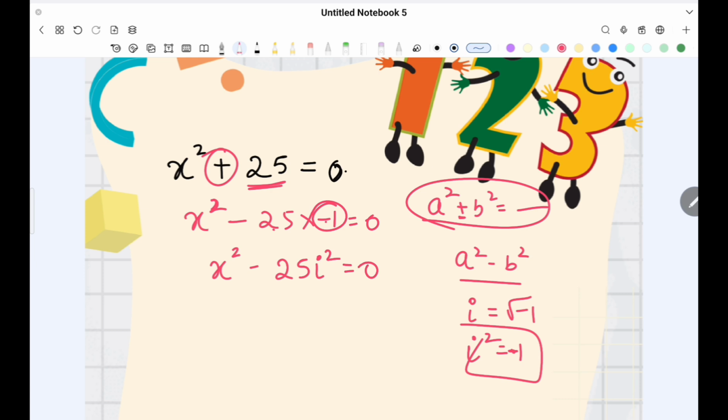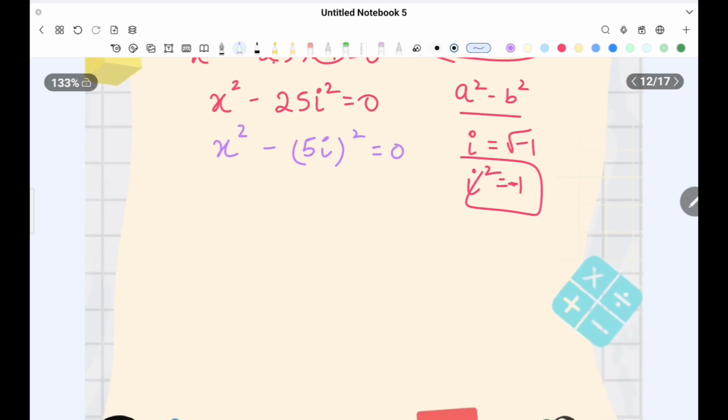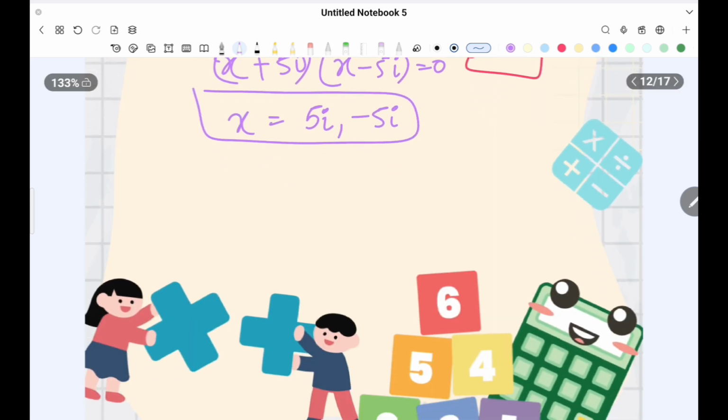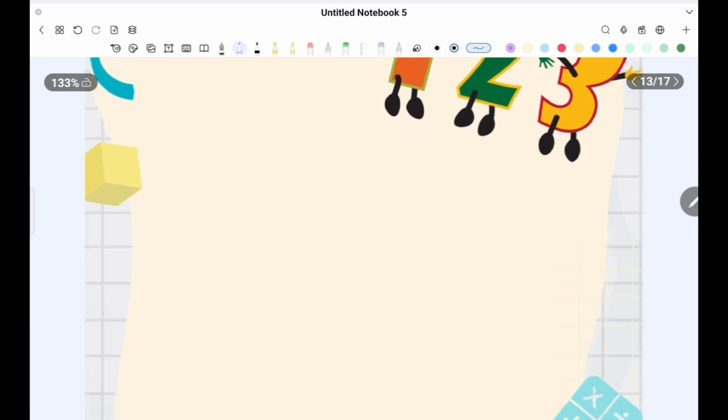Now you can see the squares forming. x square minus 5i whole square. a square minus b square again forming here. (x plus 5i)(x minus 5i) is 0. x is equal to 5i comma minus 5i, and we get the two solutions again here. Let me give you one more question like this.